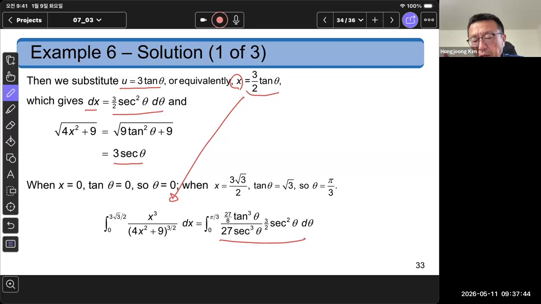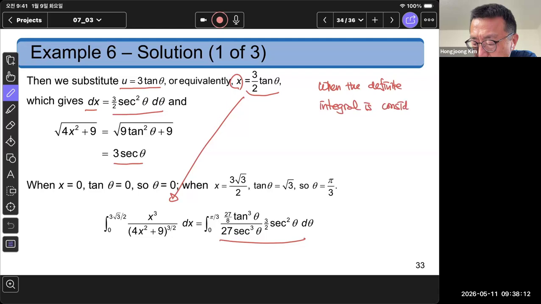But please note, at this point, you need to be careful with one thing. When you consider a definite integral, actually you need to be careful with two things.